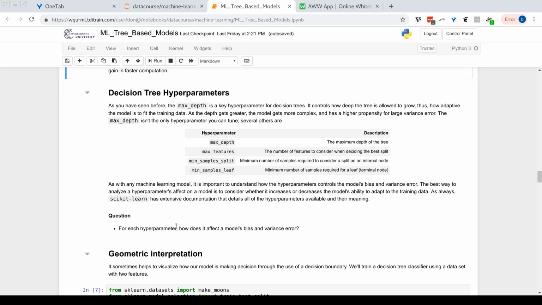It's important, for a model, to consider the hyperparameters available to us and actually go through the discussion of how each affects bias and variance. That way we get a good idea of how the model works, what our options are, and how the model's behavior is affected by changing the values of those hyperparameters.